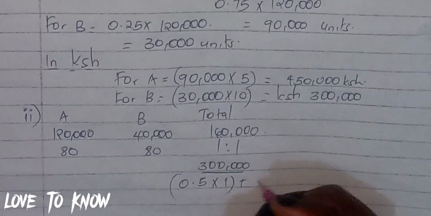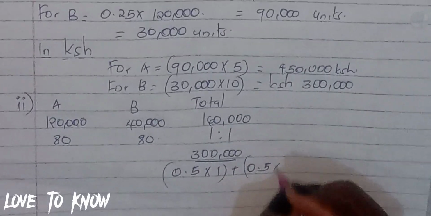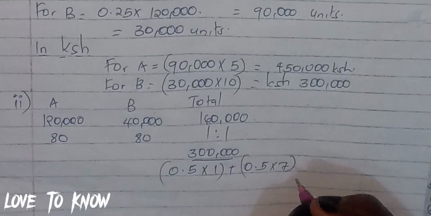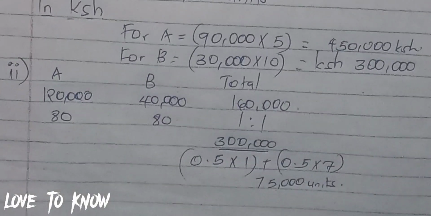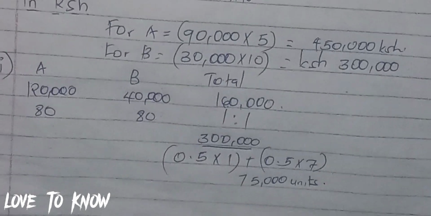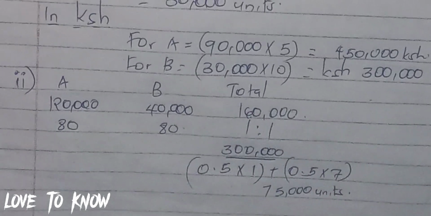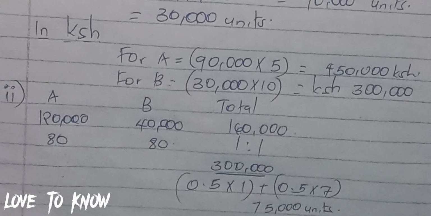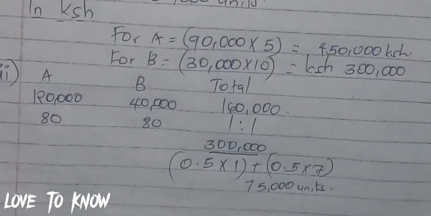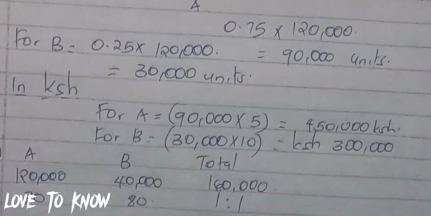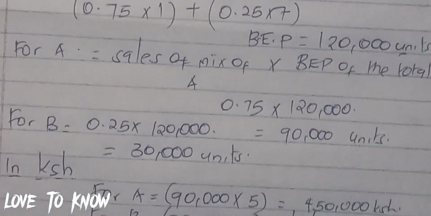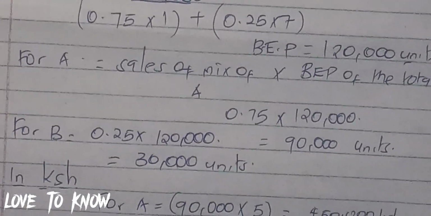Then you add 0.5 for B, multiplied by 7. This gives us 75,000 units, and on the advice to the company, the change is desirable since it takes fewer units to reach the break-even point. That's how you'll deal with the break-even point mathematically. See you in the next class.